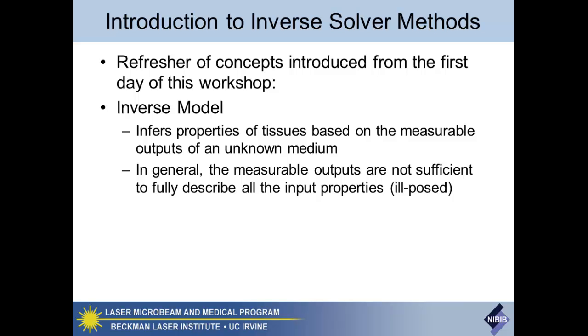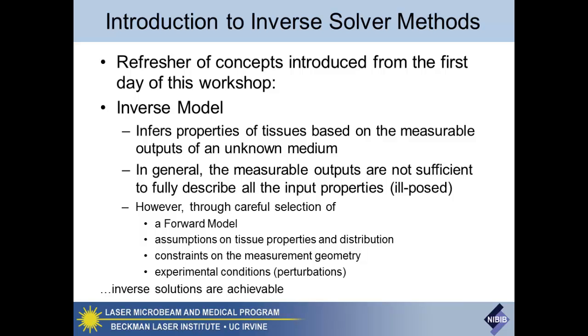As Jerry had introduced very early on, when it comes to measurable outputs, often they are not sufficient to fully describe all the input properties used to generate these outputs. So this is an ill-conditioned or ill-posed type of problem.